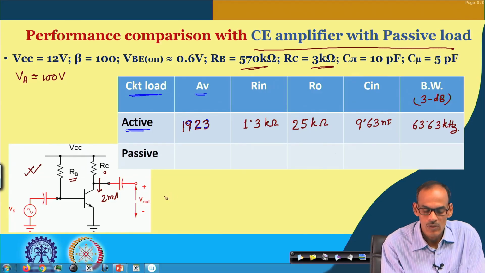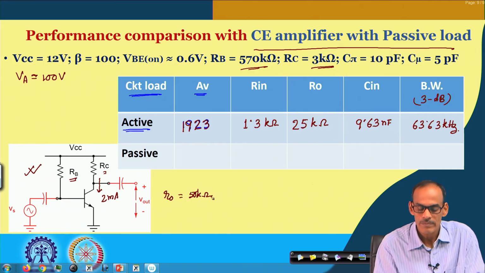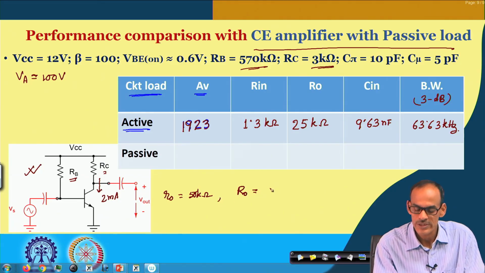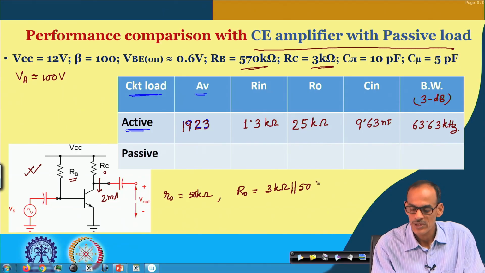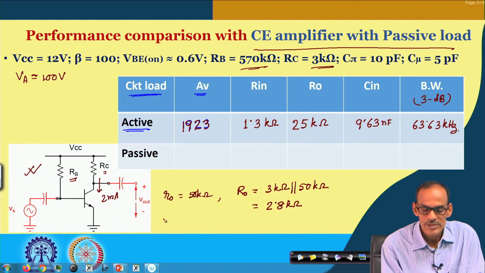So, r_o of this transistor is 50 kilo ohm, and the output resistance is 3 kilo ohm in parallel with 50 kilo ohm. So, that is around 2.8 kilo ohm.